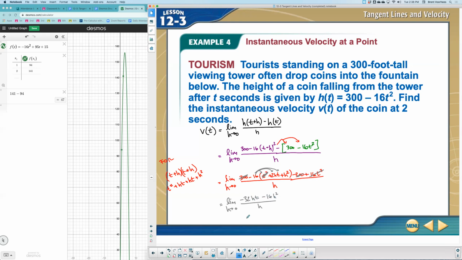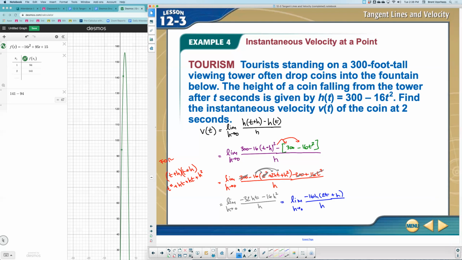So I see that there's a common factor in the numerator. So this would be equal to the limit as h approaches 0. By GCF, the greatest common factor, I could pull out the h, and I could actually pull out a negative 16 as well, negative 16h. That would leave me with positive 2t, and then since I pulled out the negative 16, it would be plus 1h, all over h.